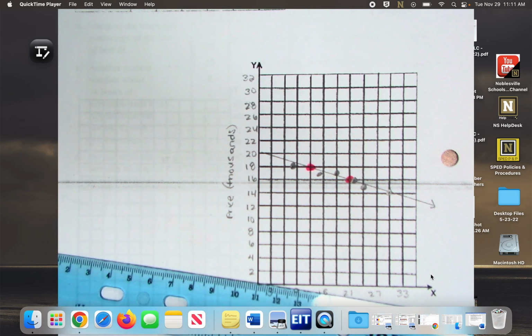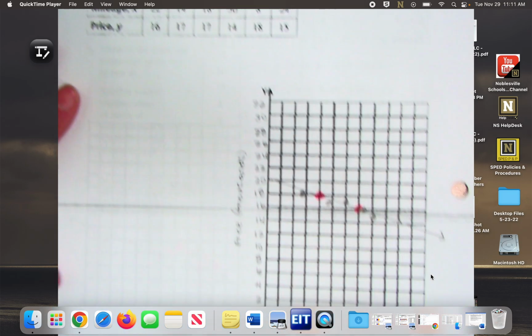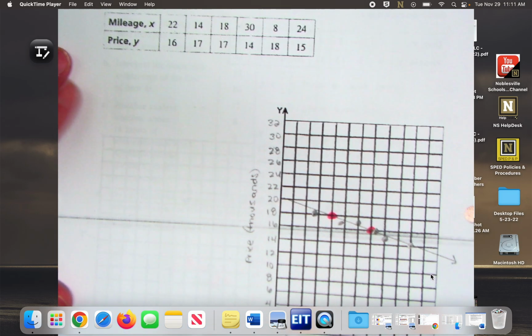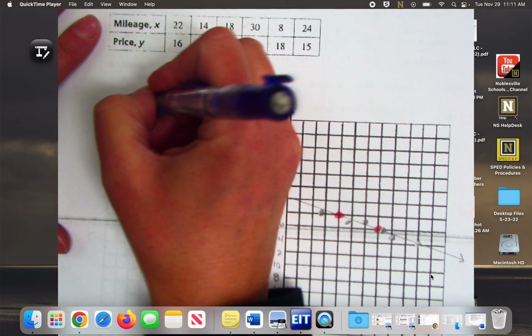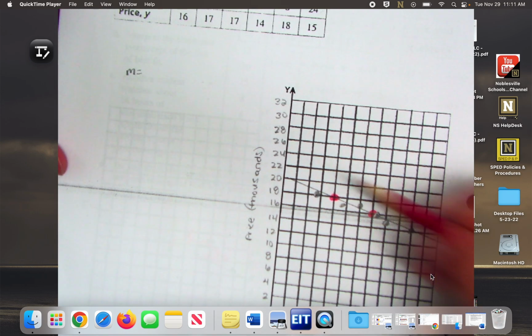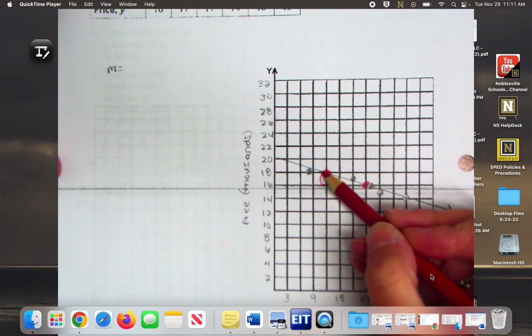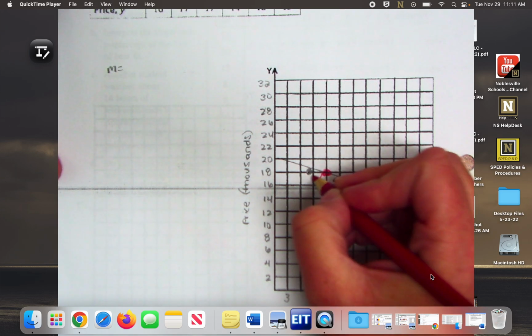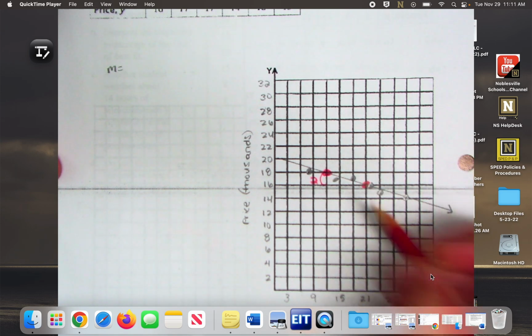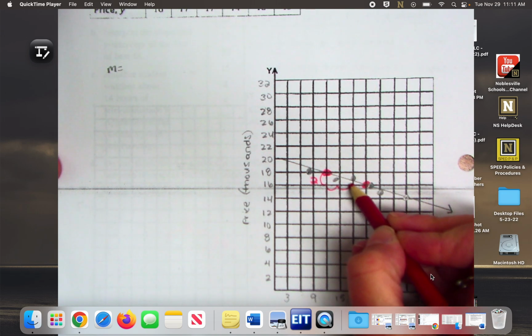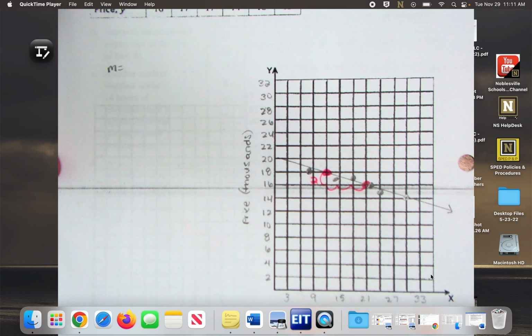And now I need to find my slope, right? So I've got my 2 points I'm going to focus on, and I'm going to find my slope. So I'm going to go down 2, right? Because this is worth $2,000. And then I'm going to go 2, 4, 6. Oh, I didn't even do that right.